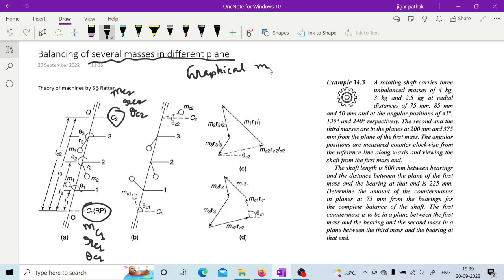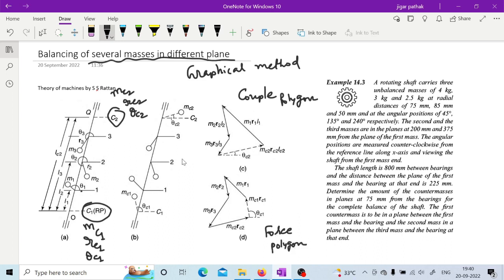In the graphical method, as you can see, you will have a force polygon as well as a couple polygon, right? Whatever distance is there is in the couple polygon. And here only the product of M and R is there, that is the force polygon, which we have seen earlier also.